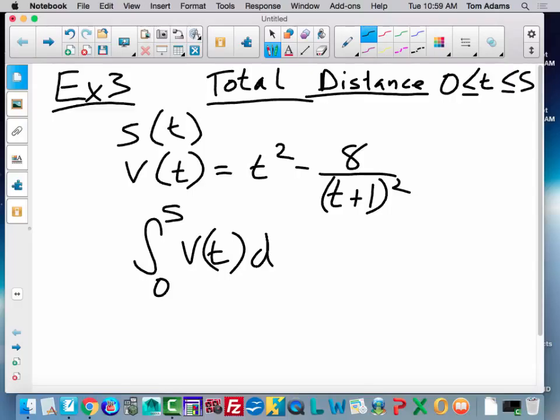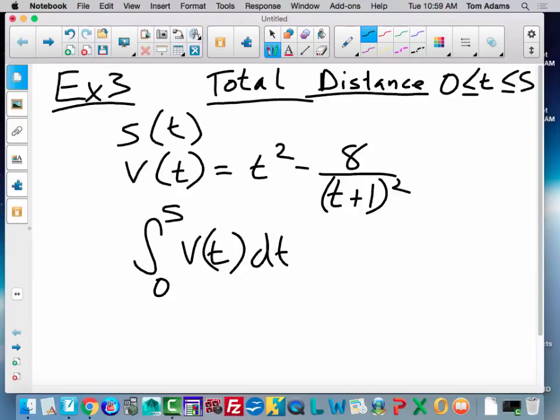We looked at it graphically, and then we did it analytically, and evaluated it at the different points they asked us to. Now they want to know the total distance that was traveled. The way they word this when they say total distance is interesting, because we could do this rather quickly on our calculator.